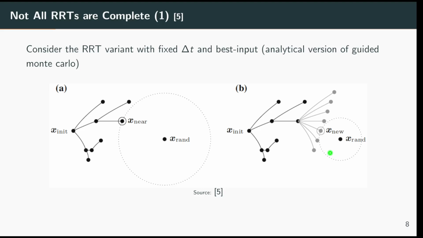In the best input case, instead, the idea is that we can immediately compute what is best. And you can imagine in the geometric case, it's quite easy. It's literally just the lines that connect the two going by step size. For some kinodynamic cases, it's also fairly easy because it might be a small optimization problem that has maybe even an analytical solution.